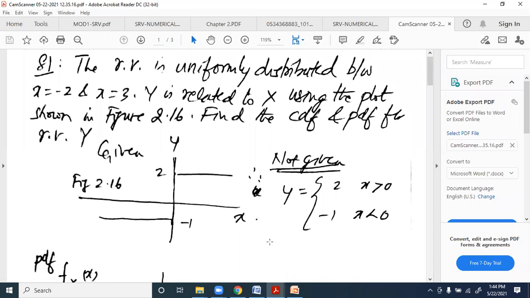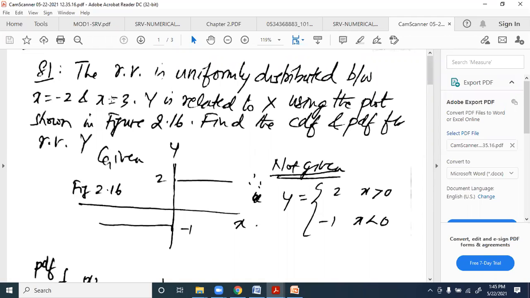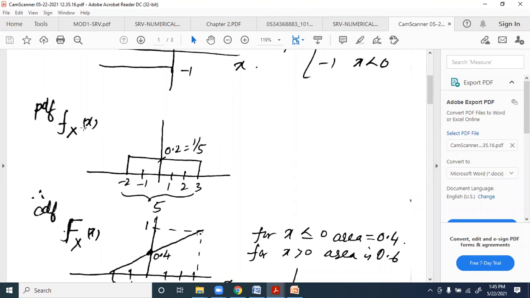Further to this, x is a random variable which is uniformly distributed between x equal to -2 and x equal to 3, and that will give us the probability density function like this. Between -2 and 3 it is uniformly distributed, it is constant.